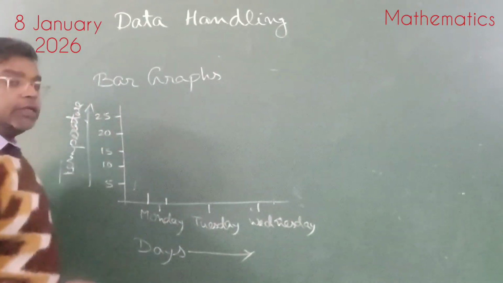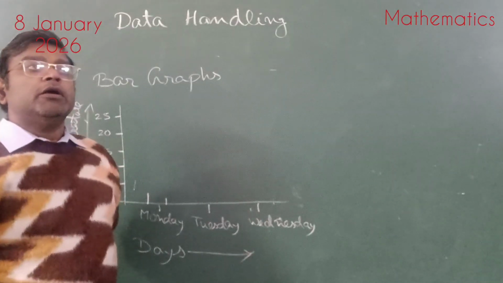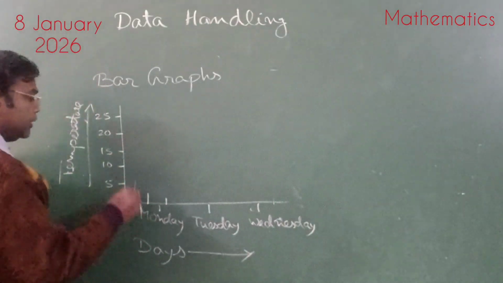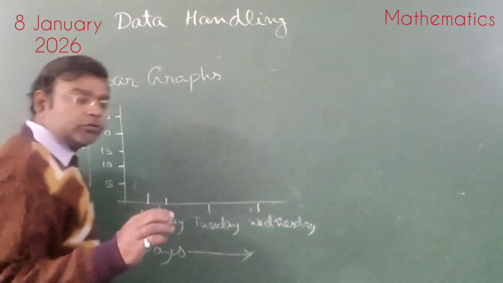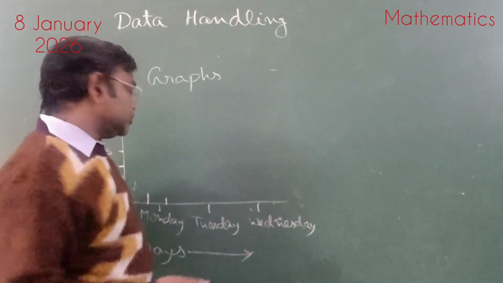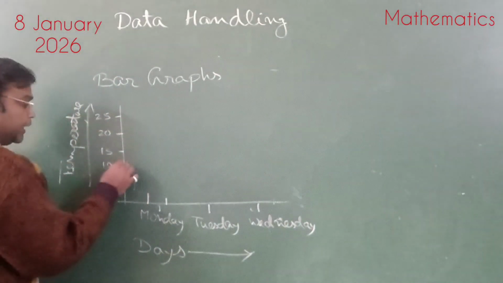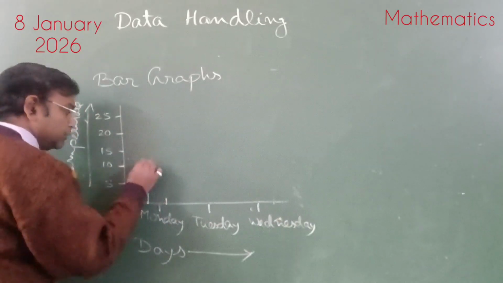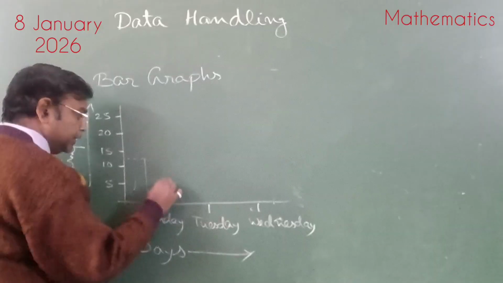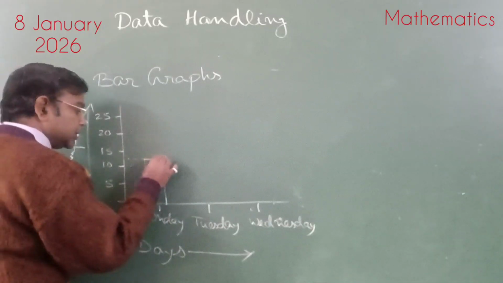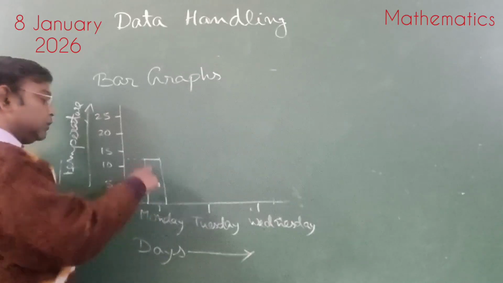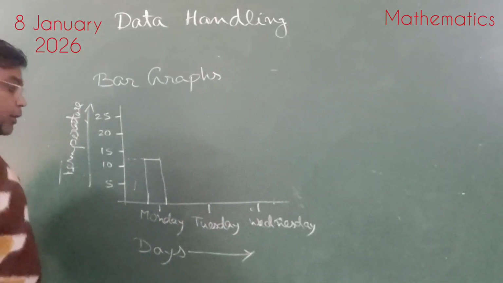For example, suppose on Monday at 12 noon the temperature is about 13 degrees centigrade. So 13 falls between 10 and 15. Clear? So we use our scale and pencil to draw this graph. This is the representation of the temperature for Monday.